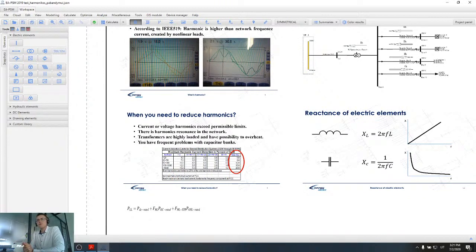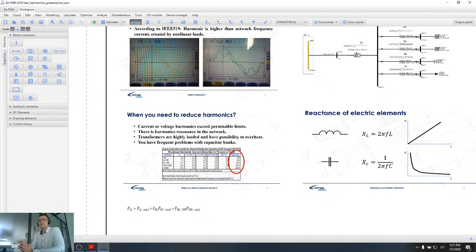Another question by Mr. Kumar is, what is the allowable time for harmonics? Basically, harmonics create some temperature for equipment. So for example, when we have harmonics in the network, this increases, for example, the capacitor temperature. And the manufacturer specifies the longest time for the equipment, for example a capacitor or transformer, to operate at certain temperatures.